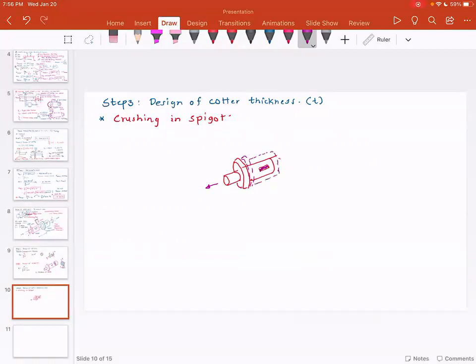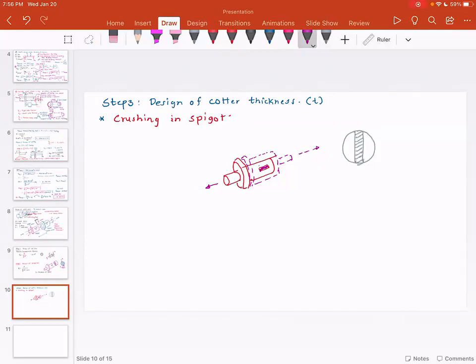You have the socket, and the socket is being pulled over here, and there is a quarter that is holding these two pieces together. So as the socket is pulling on one side, the spigot is pulling on the other side. If you look at this cross-sectional area, the quarter could potentially get crushed.